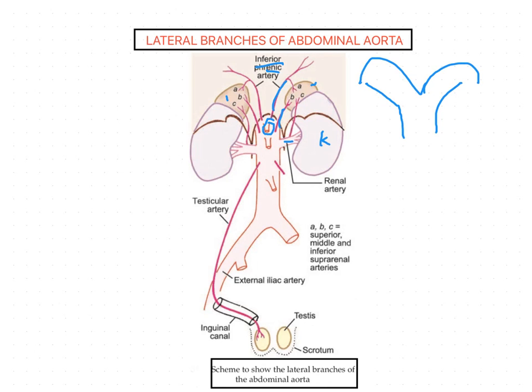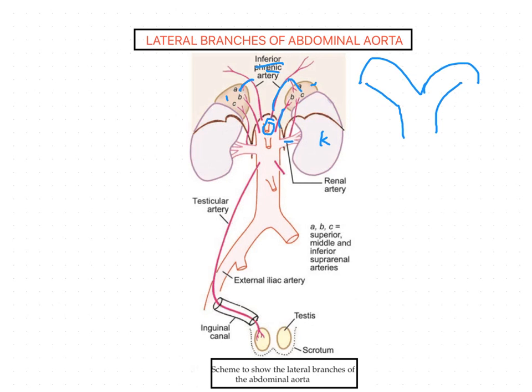Now each inferior phrenic artery will give 1, 2 or 3 superior suprarenal arteries. So this one is called the superior suprarenal arteries. Each artery gives off 2 or 3 superior suprarenal arteries, and then it is distributed to the diaphragm.